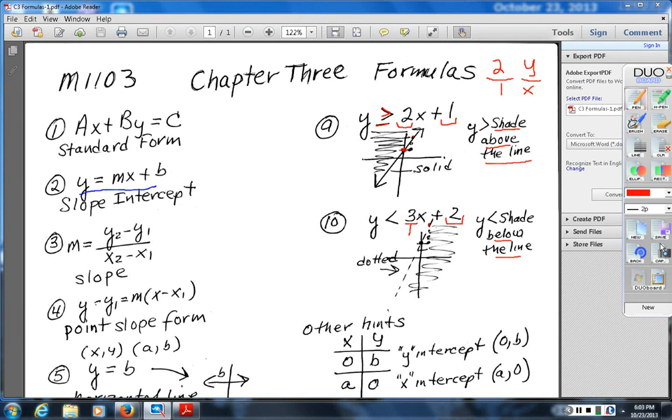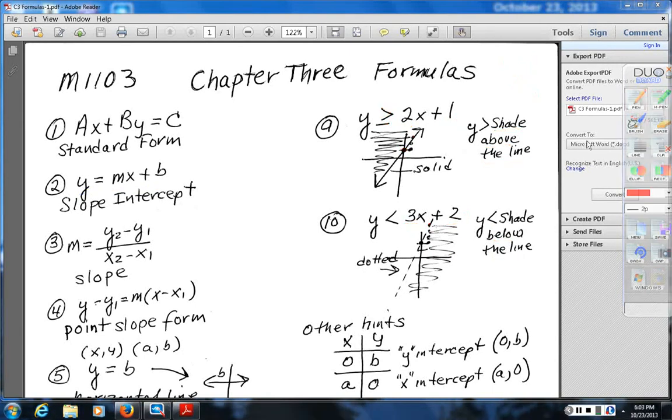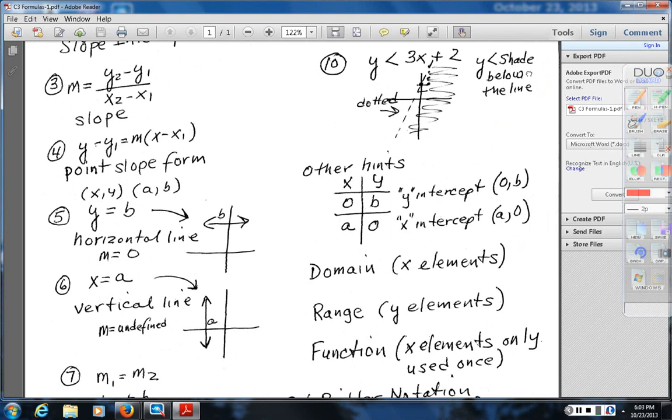Now as we look below here a little bit, we see some other hints that I had mentioned in the previous part of this tape. The x and y intercepts, that if you put a 0 there and a 0 there, solve for this, that will be the y-intercept, and this will be the x-intercept.